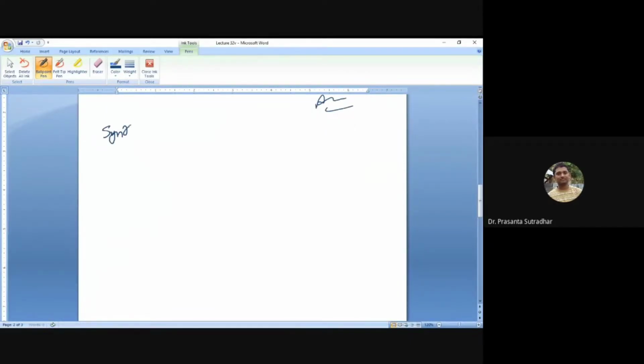Now, synthesis of indole. This synthesis was given by the scientist Fischer. Fischer's indole synthesis.